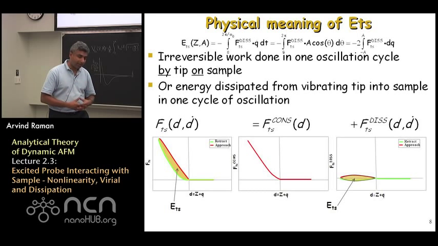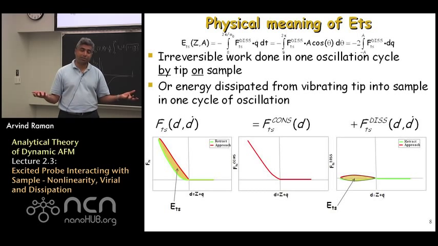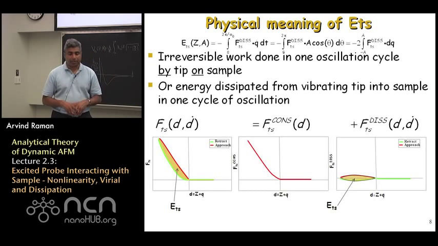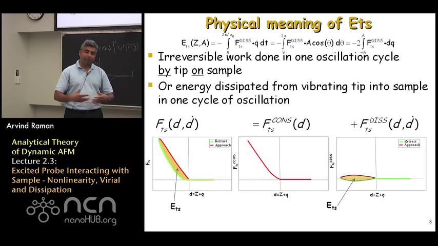So this is the energy dissipated in the sample. Where does the energy get dissipated? In a number of effects, and we're going to talk about this later, but it could go into phonons, into increasing the temperature, it could go into anelastic effects, it could go into many irreversible processes, relaxation if you're talking about polymers, and many dissipation processes that have to do with molecular rearrangement on the surface, irreversible rearrangement due to tip-sample interactions.